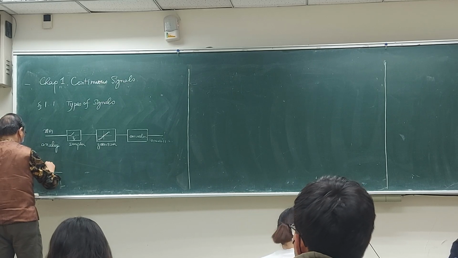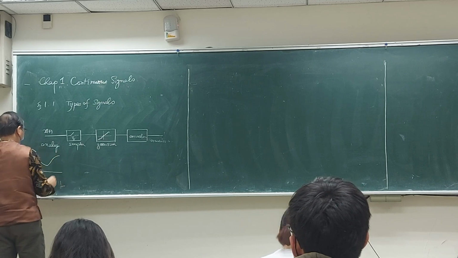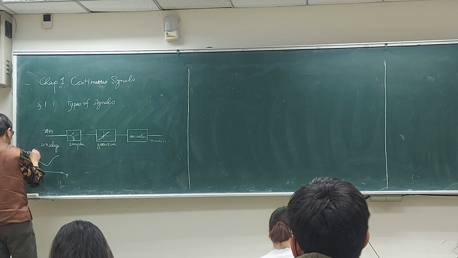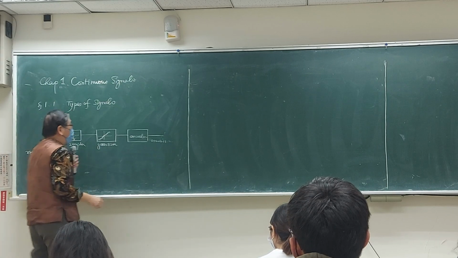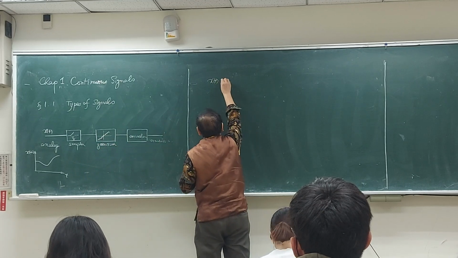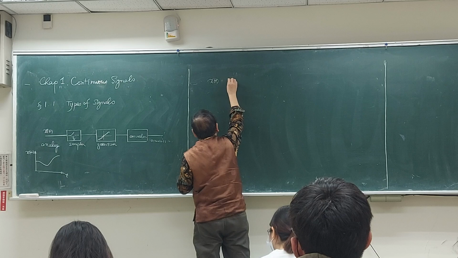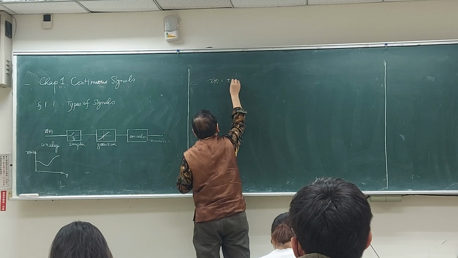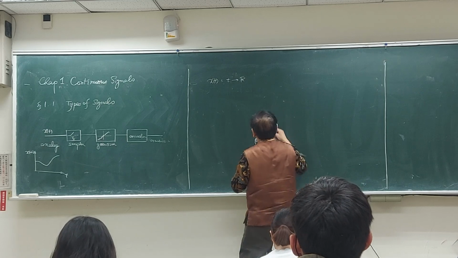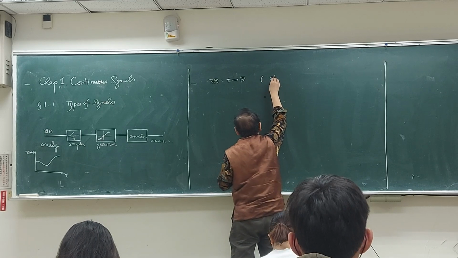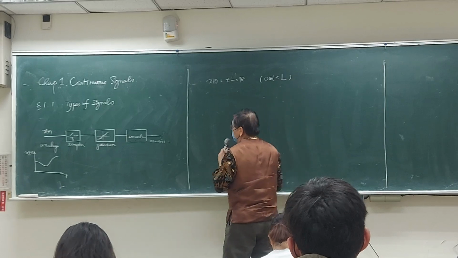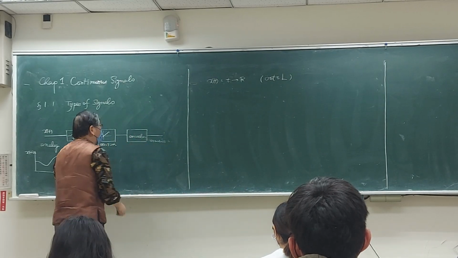Maybe something like this. So x(t) is a continuous signal. There is a map from, in general, or sometimes from 0 to whatever finite number. Okay?